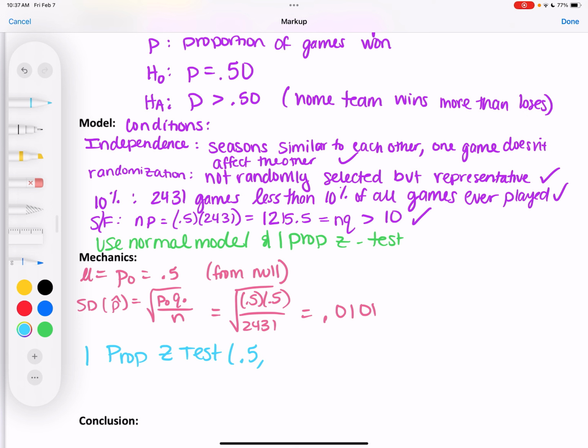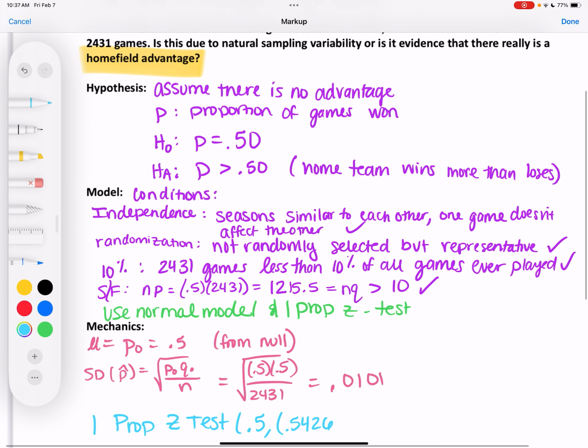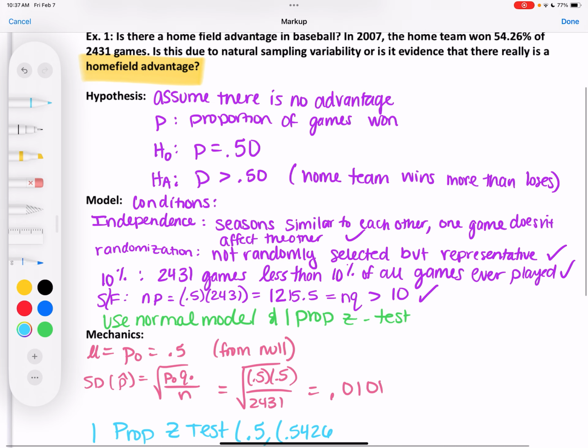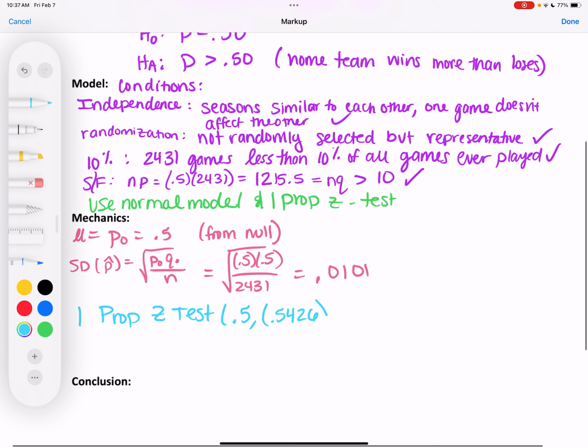We'll figure it out. All right, now, the X has to be a whole number, okay? But the number that I'm going to get this from is 0.5426, which is a percent as a decimal. I'm multiplying that times 2,431.